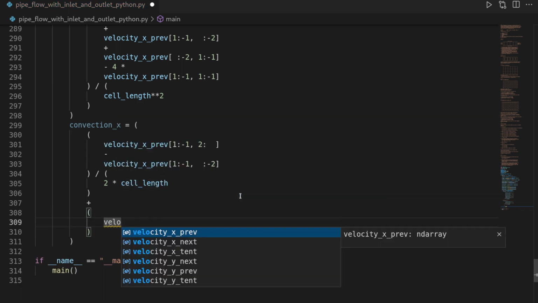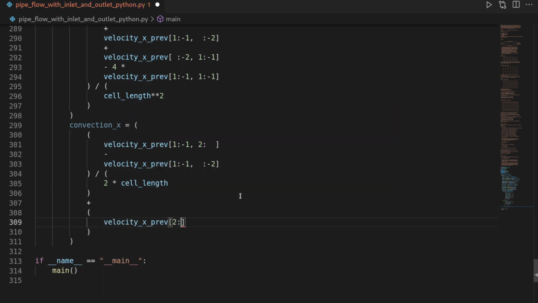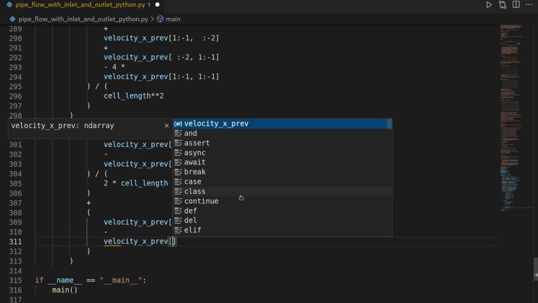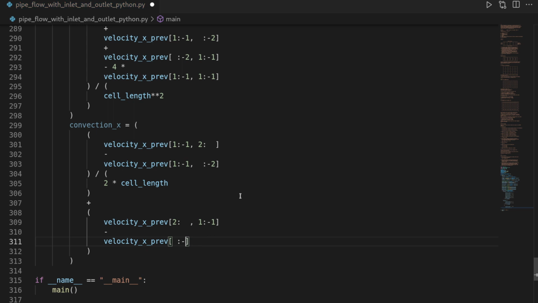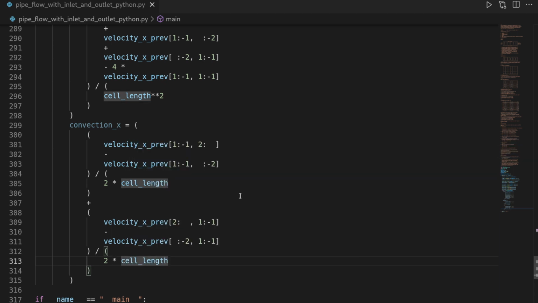And here we have velocity x previous. And 1 above will be from 2 all the way to the end. And then we take the interior points in x direction and we subtract velocity x previous from 0 to the second to the last element and interior points in x, and we divide by 2 times the cell length.